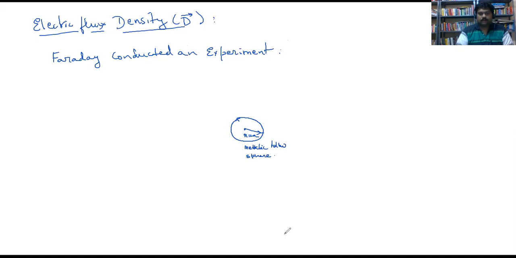Next, what he did, he put a charge of plus q on this hollow sphere, right? So q, plus q.